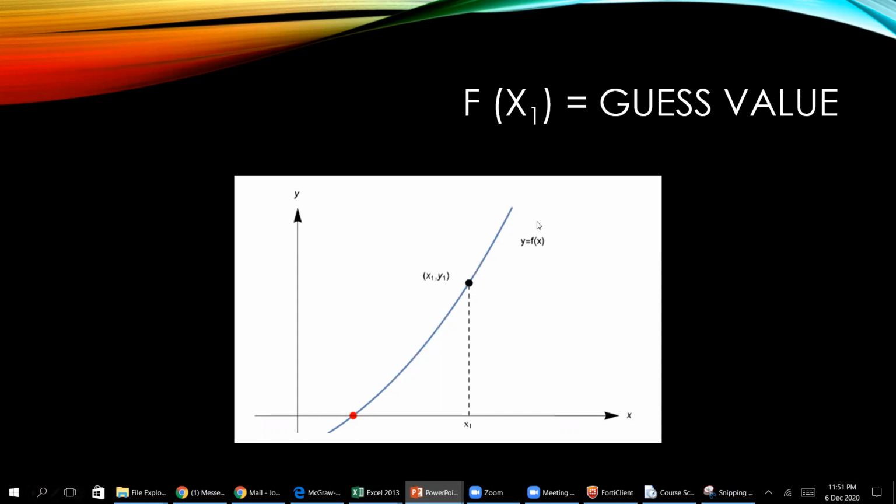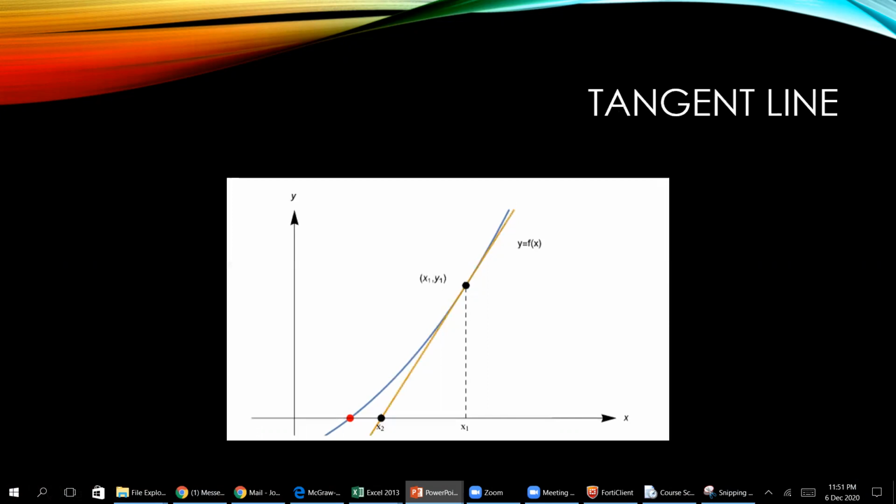So we now try for a better guess. How to find a better guess? The trick of Newton's method is to draw a tangent line to the graph y equal to f of x at the point (x1, y1). So this is how we do it.